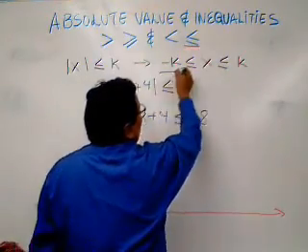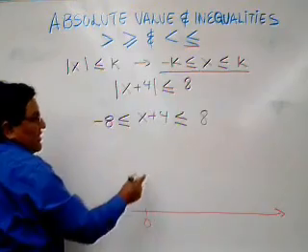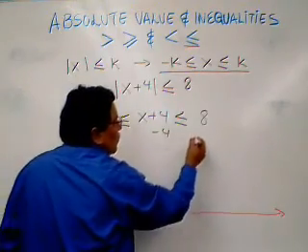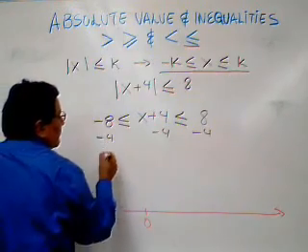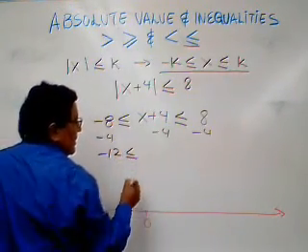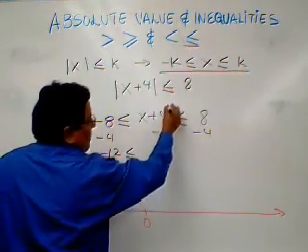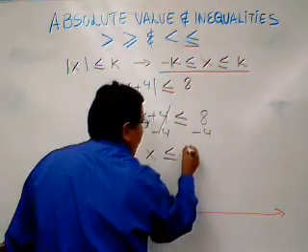So this is the rule that we're following. Now we will solve for x. I subtract 4 from both sides. So negative 12 will be less than or equal to x, which will be less than or equal to 4.